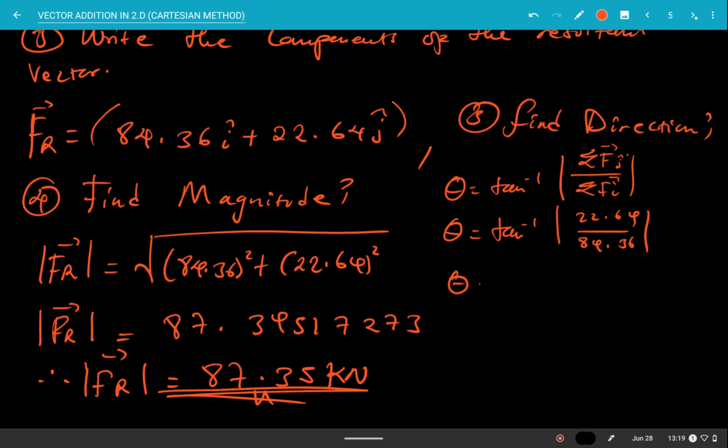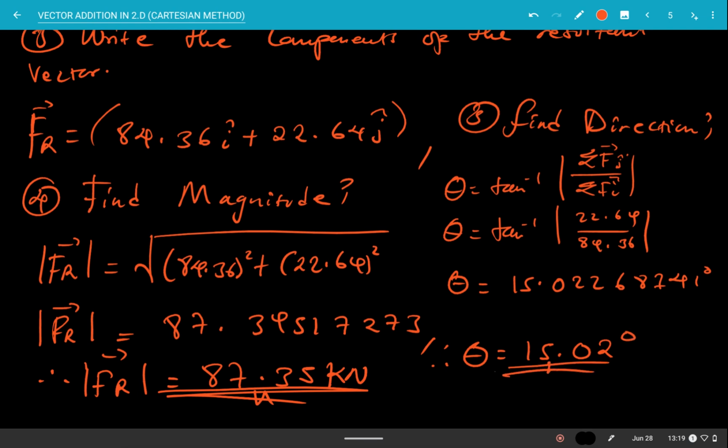So theta will be 15.02268741 degrees. Round it off to 2 decimal places, theta is 15.02 degrees. Now if you check the position of the resultant, you'd find that this is positive and that's positive. So it's positive there and positive there, so it's in the first quadrant. In the first quadrant, we'll just take the angle the way it is.